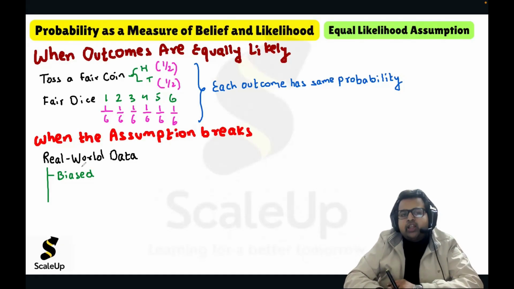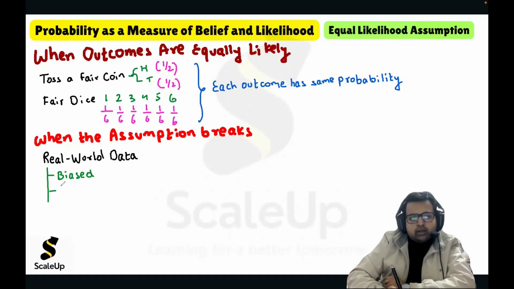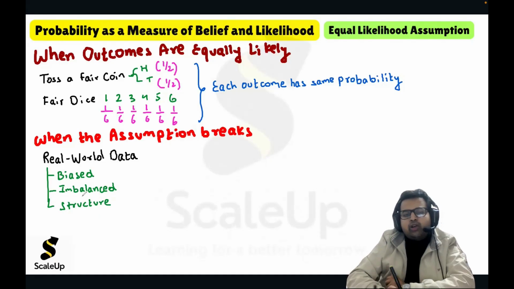And unfortunately, real world data is biased. When it is imbalanced or has some sort of structure, we cannot get equal likelihood.